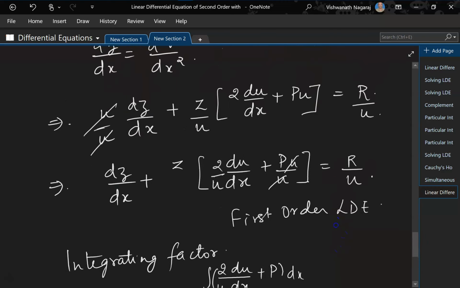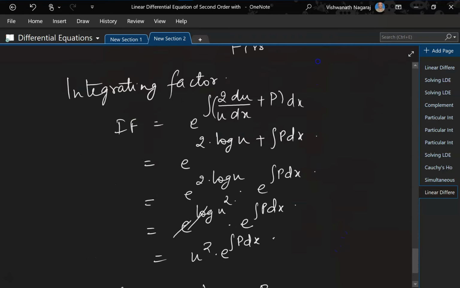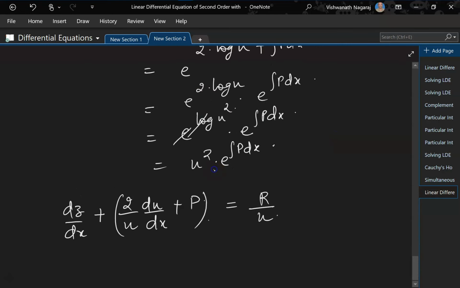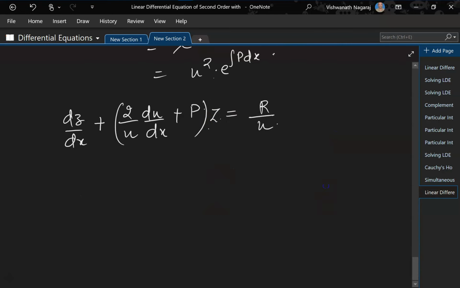Did we miss anything? Yes, z is also there. So z is also there. Okay. Now this integrating factor we multiply both sides. Yes, e to the power of integral of p dx.